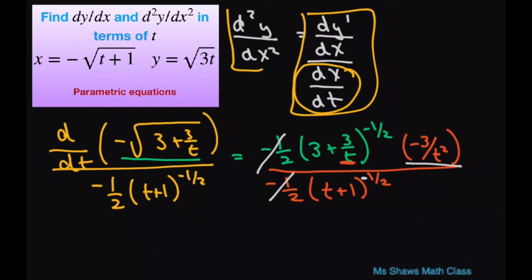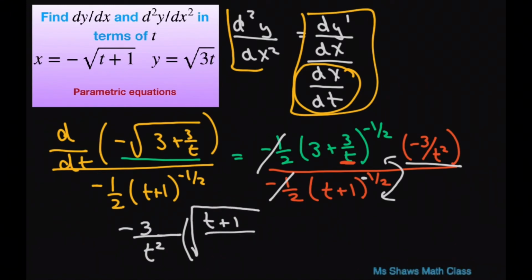So I'm going to write this out as negative 3 divided by t squared, and then this is going to be times, and again I'm going to flip these around, the square root of t plus 1, divided by 3t plus 3 divided by t, getting your common denominator here. So I'm just putting a t here, so that would be 3t plus 3.